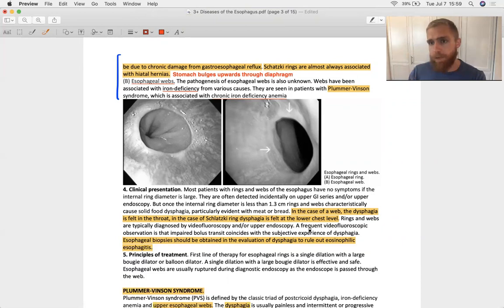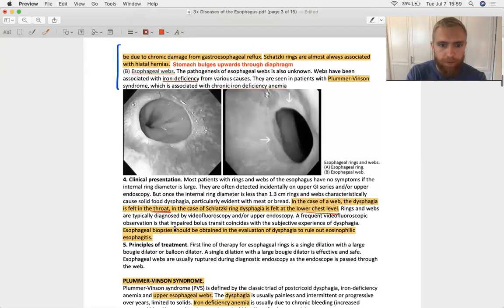And remember, your esophagus is behind the heart too. So that's important to know. If you're going to remember one thing, I guess remember that the webs tend to be up here, and the rings, especially the Schatzki ring, which is the majority of rings, those are going to be way down there near the diaphragm. So understand that.